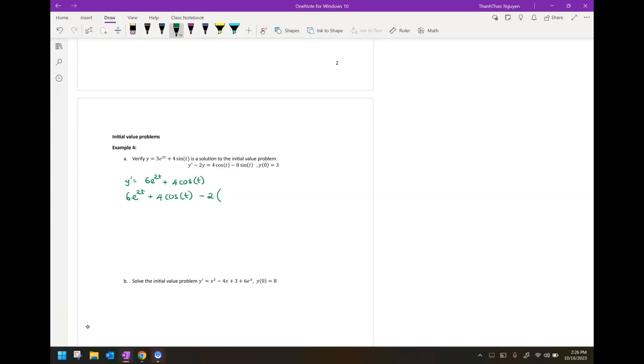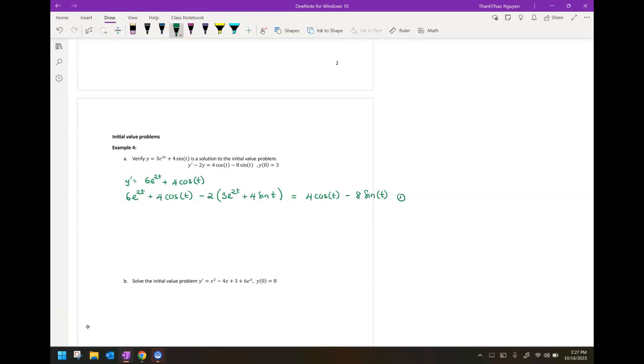That is 2 times 3e to the 2t plus 4 sine t. Simplify, this equal to 4 cosine t minus 8 sine t. And we'll mark this equation 1.